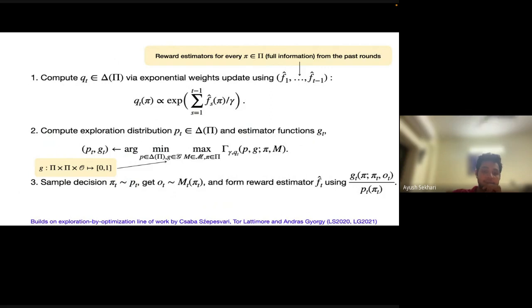And corresponding to different pi's, you can get a different number in 0 and 1. For example, if you go back to the bandit, this G would not be the solution to the min-max problem, but the corresponding G that you get from the inverse propensity weighting in EXP3 is this indicator that pi is equal to pi t times OT.